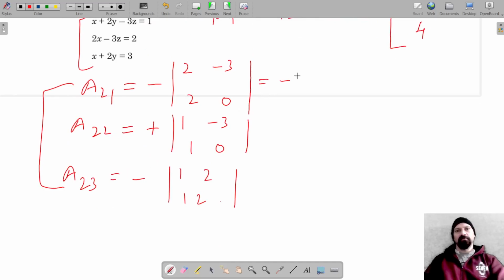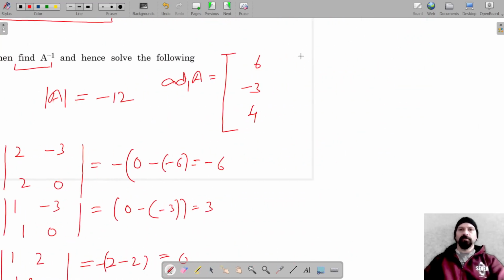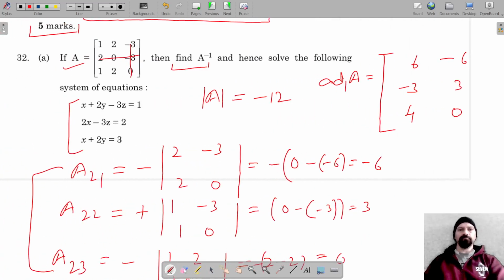Now this is equal to negative 2 into 0 is 0, negative of negative 6, which is equal to negative 6. This is equal to 0 minus of minus 3, which is equal to 3. And this is equal to 2 minus 2, which is equal to 0. So this is negative 6, 3, and 0.